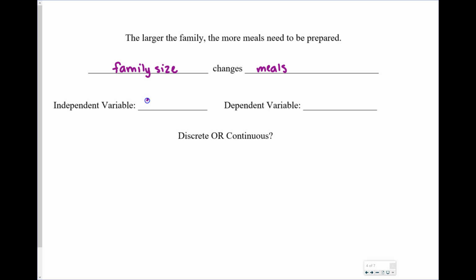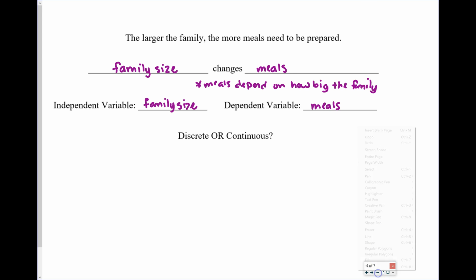So my independent variable is family size because I'm choosing that. That's my input. And the dependent variable is my meals. My meals depend on how big the family is.